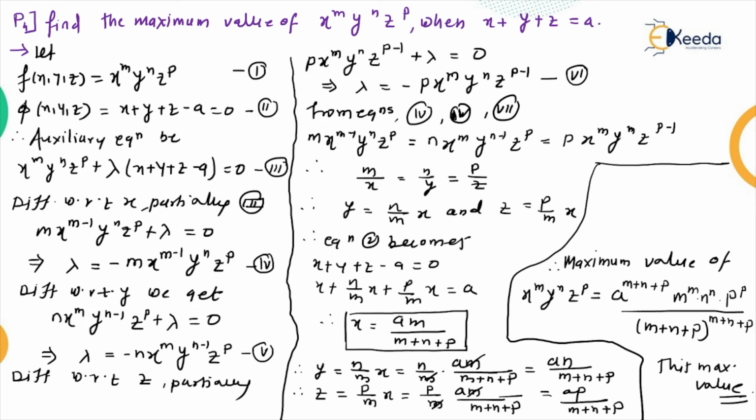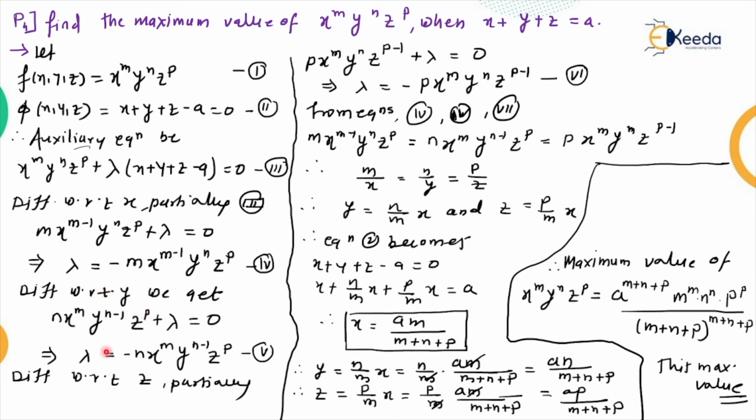Now this is all about problem number 4. You are given a function and you have to find the maximum value of x raised to m, y raised to n, z raised to p when x plus y plus z is equal to a. The conditional statement is x plus y plus z minus a equal to 0. We take the auxiliary equation: x raised to m, y raised to n, z raised to p plus lambda into x plus y plus z minus a equals 0.